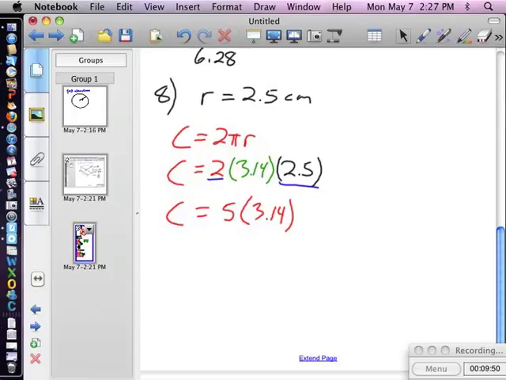But just to make sure, let's try the multiplication here. So we get a 0, 2, 7, and a 15. So 15.7, and the units were centimeters. So that's going to be our answer to number 8.